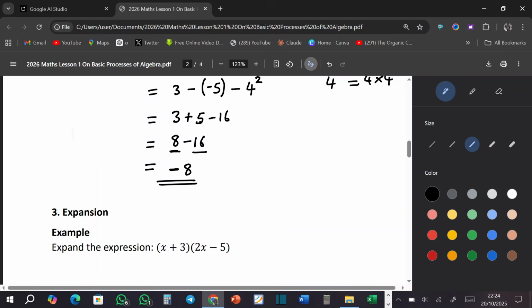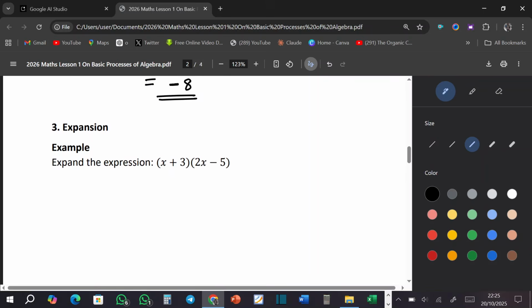Then we move on to the next one, expansion. To expand, it is especially to look at an expression like this. It is to expand, to make it longer if it was short. So they're saying expand the expression, this one here. So how do you do it? Let's copy the question.